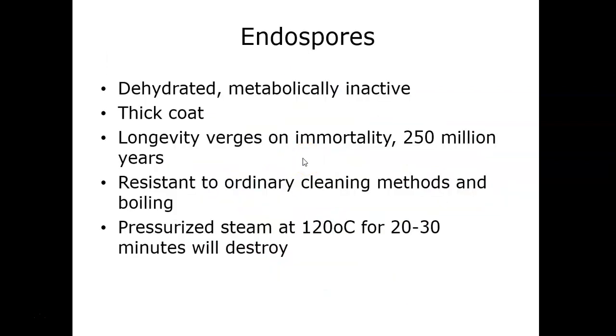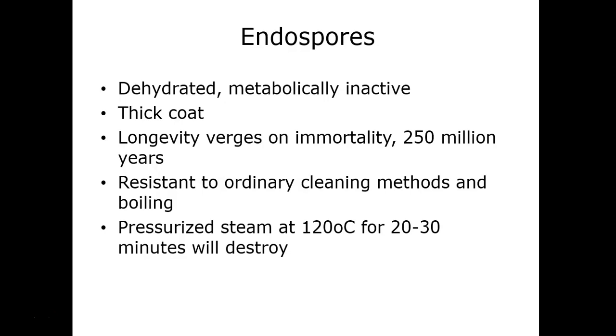We mentioned again that endospores are inactive. They have this thick keratin coat on them, and they can survive for extremely long periods of time. There's been ones that they've known that have survived for 250 million years. And they are one of the most resistant forms of microbial life to all sorts of treatments. So they are resistant to ordinary cleaning methods and boiling.